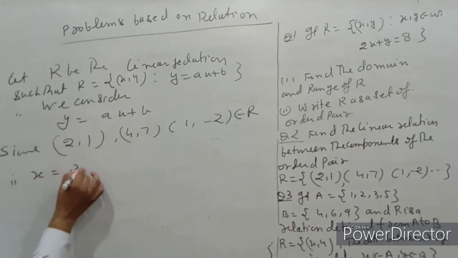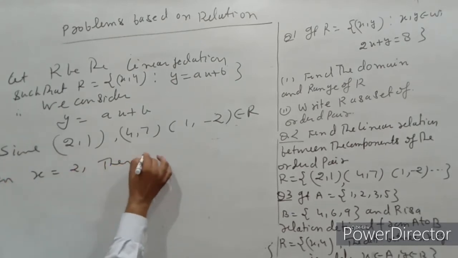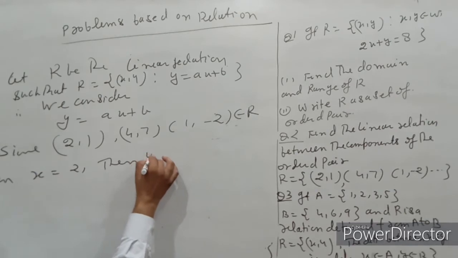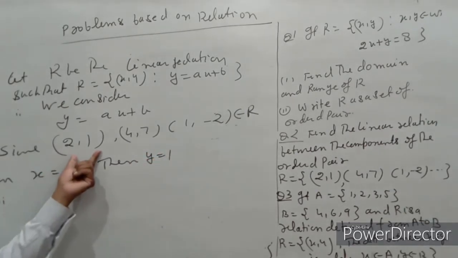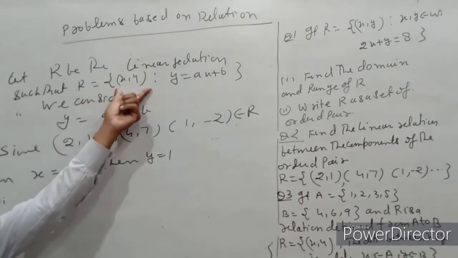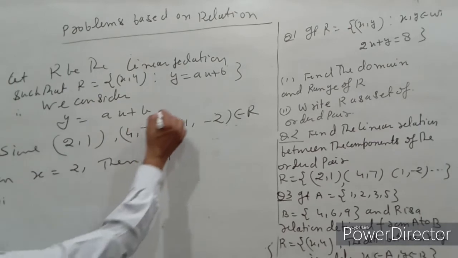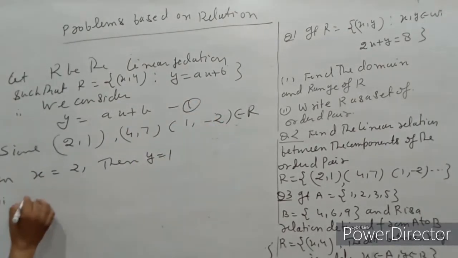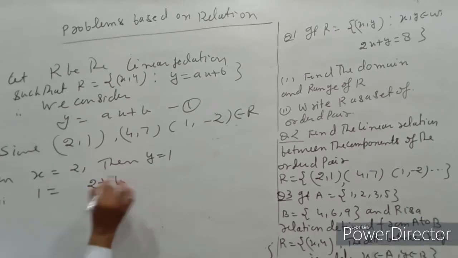So therefore x is equal to 2. When x is equal to 2, then y is equal to 1. Because this ordered pair belongs to the relation R, therefore this satisfies the relation between x and y. So 1 is equal to 2a plus b.